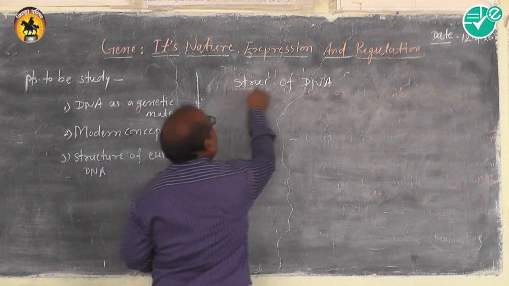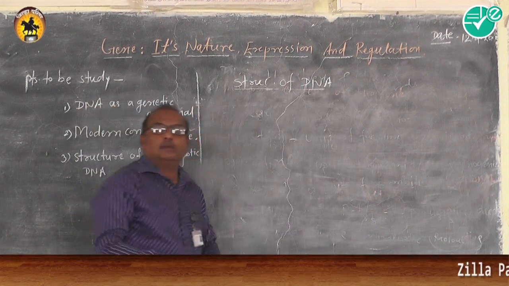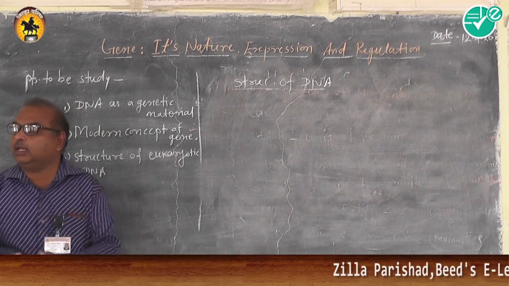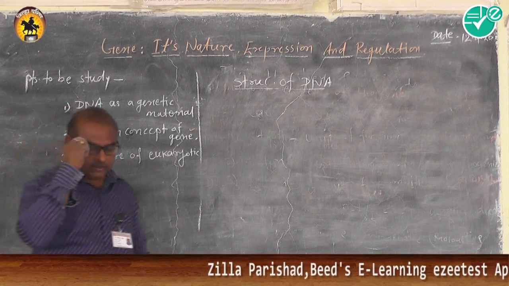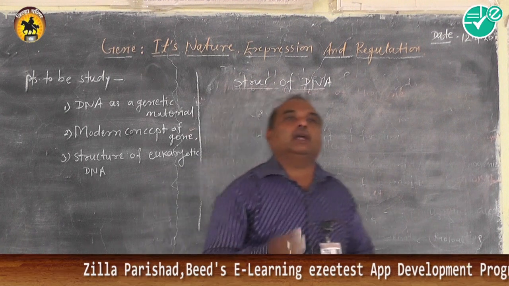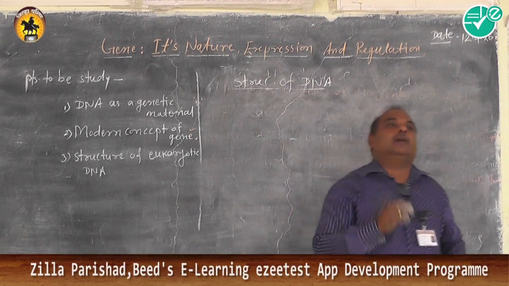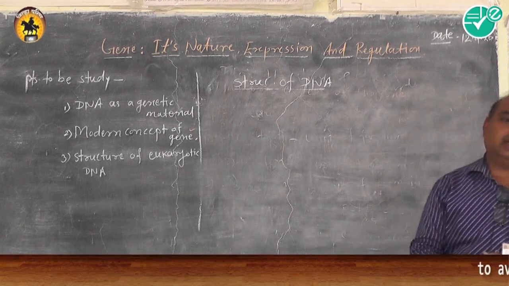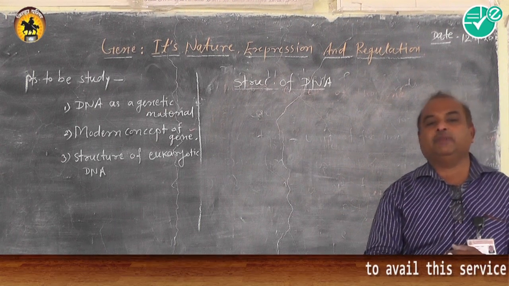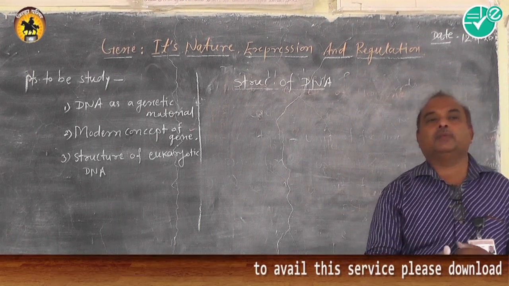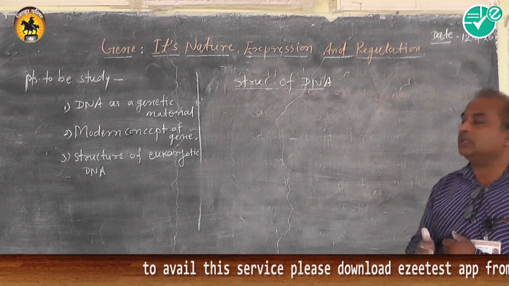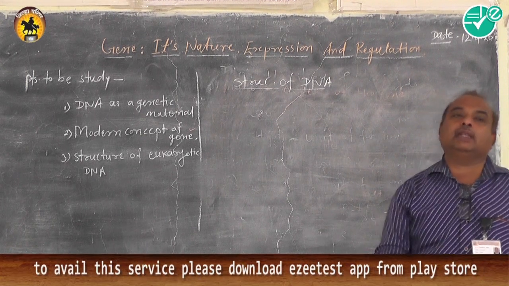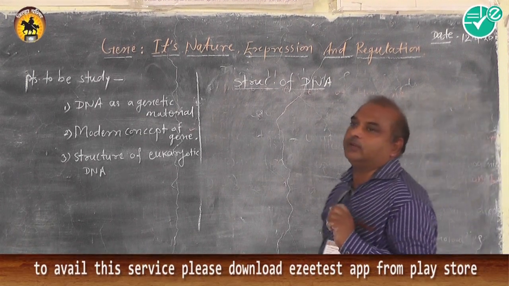DNA, first of all, the helical model of the DNA was first observed by Watson and Crick in 1953. Therefore, this structure of DNA is also called the Watson and Crick model of DNA.